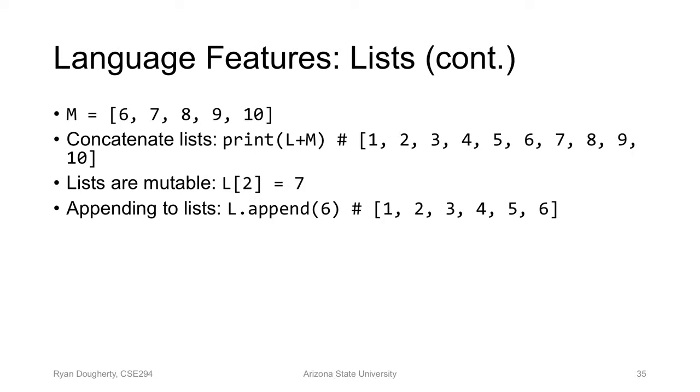Okay. Another way to do that is actually using the plus operator on a particular value that's not a list. So if I said L plus equals 6, it'll do the exact same thing. So the plus operator for anything that's not a list will do the append operation. Okay?